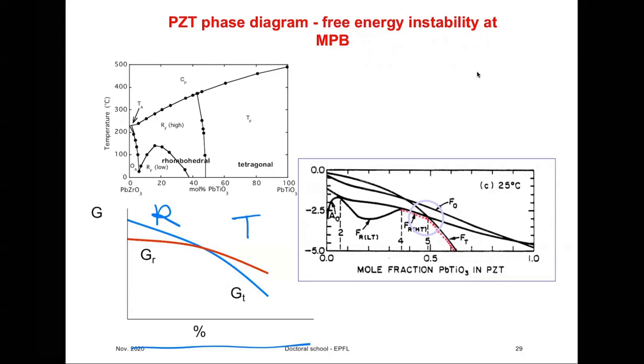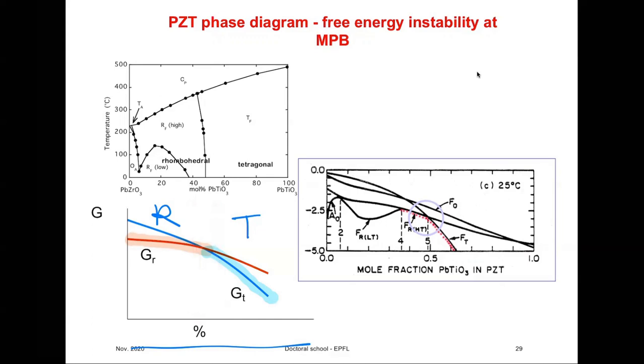What that means is that free energy of tetragonal phase is lower than free energy of rhomboidal phase on tetragonal side, and then on the rhomboidal side it's the free energy of the rhomboidal phase which is lower. This is a trivial result. So here in this region, the energies of the two phases must be very close.